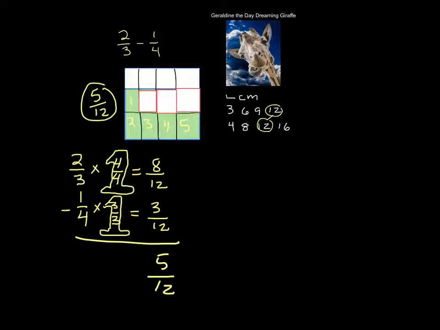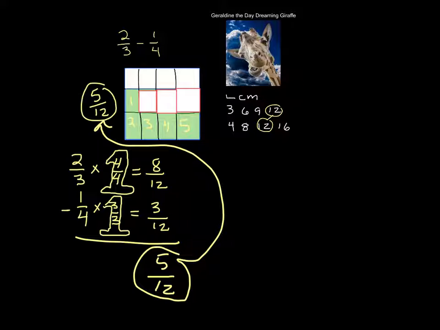Because I just dropped the denominator, because the denominator just tells us how many parts this whole box, in this case this box is representing the day, right? So there's 5/12 left, and as you see, 5/12 right here agrees with our answer from our illustration of 5/12 right there. So that right there is your answer, my friend. Geraldine has 5/12 of the day left to eat some food.